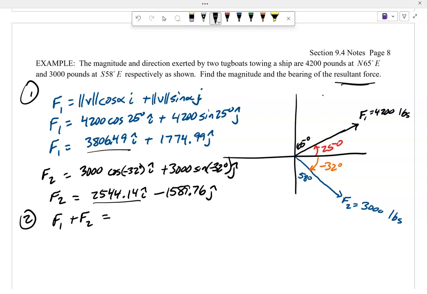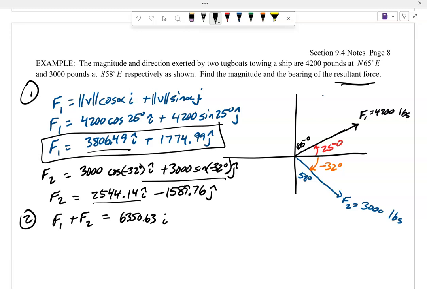I get 6350.63 I. Again, I'm adding that force 1 and force 2 vectors together. So 1774.99 minus 1589.76, and I get 185.23.